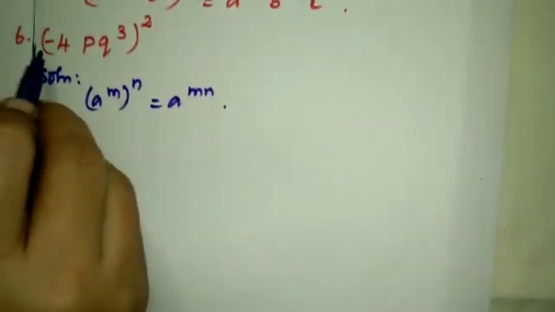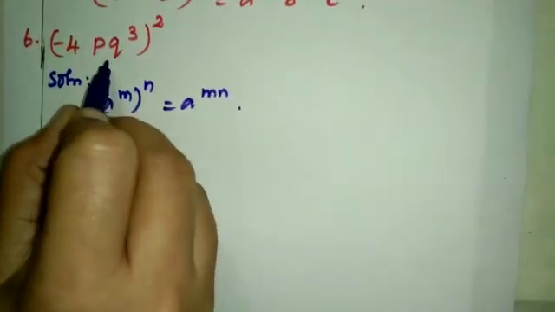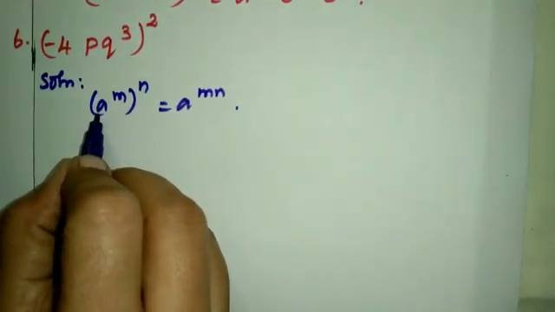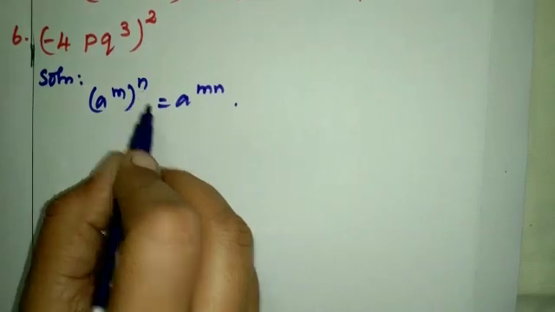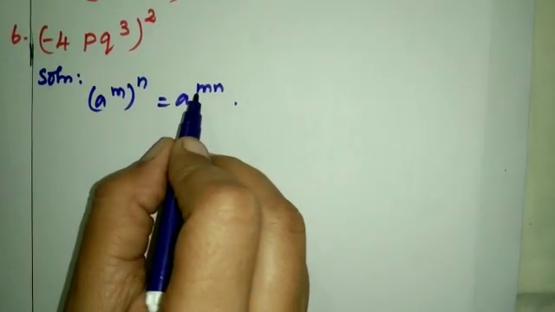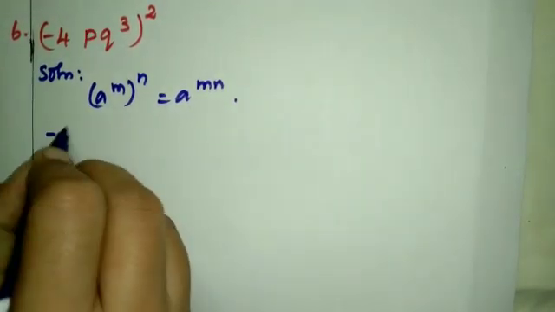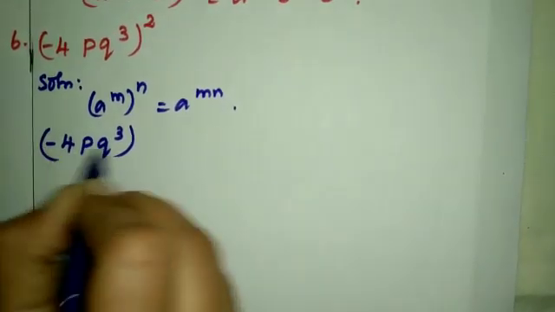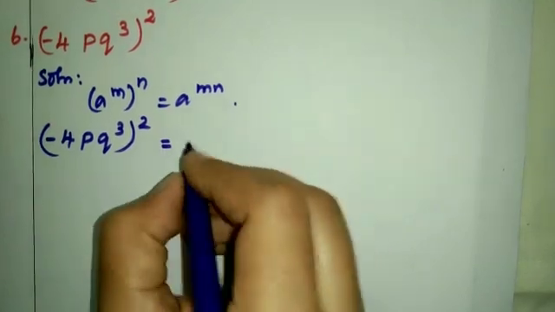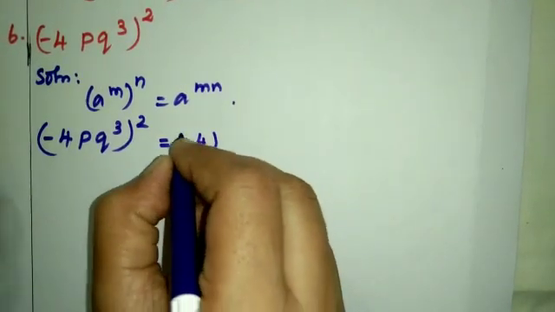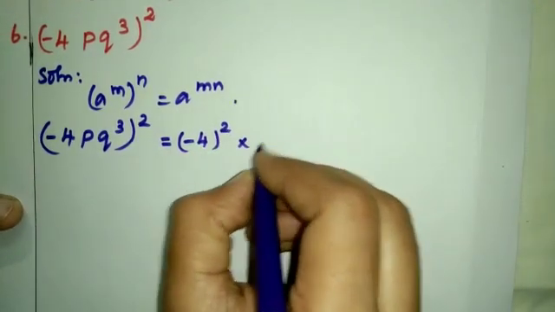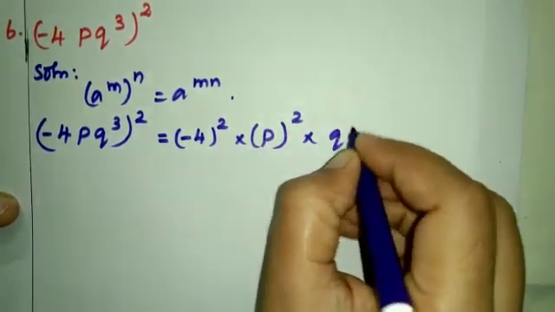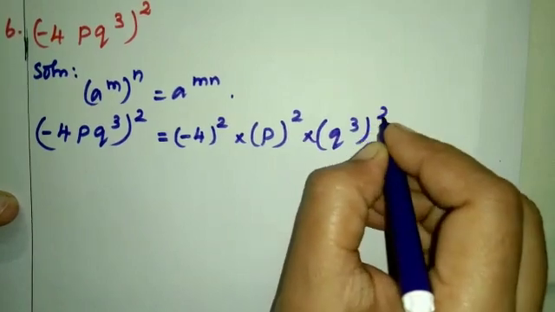Next question is minus 4 p cube power 3 the whole power 2. Use the power law. A power m the whole power n, which is equal to a power m into n. Here the question is minus 4 p q power 3 the whole power 2, which is equal to minus 4 the whole power 2 into p power 1 the whole power 2 into q power 3 the whole power 2.